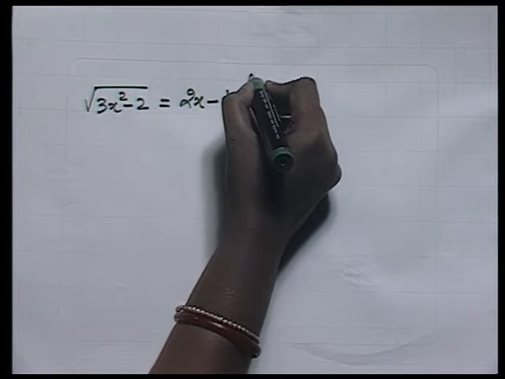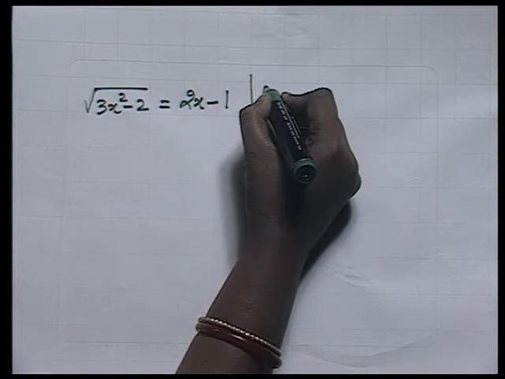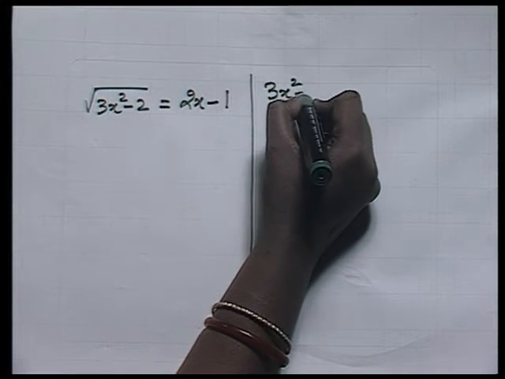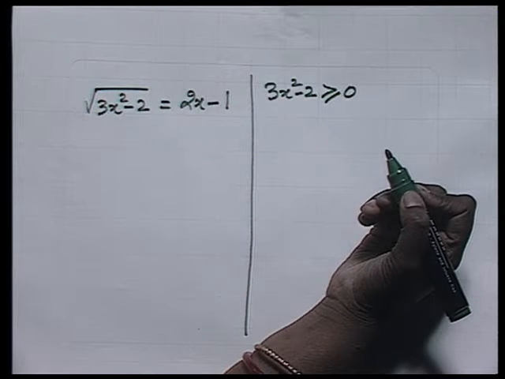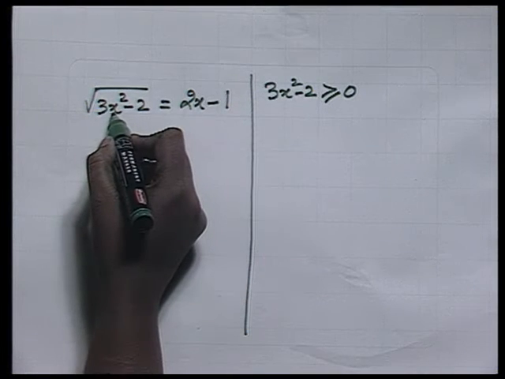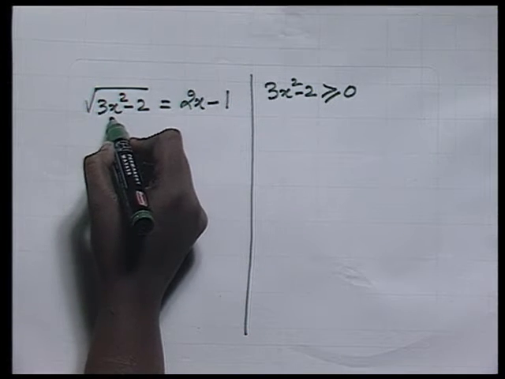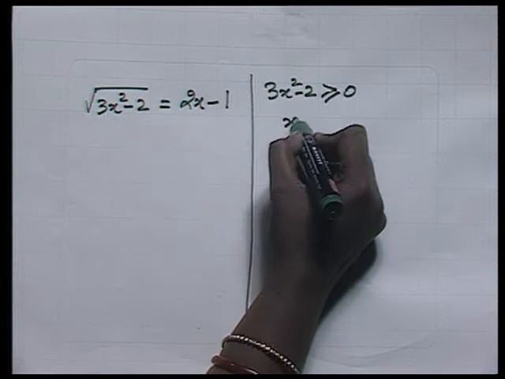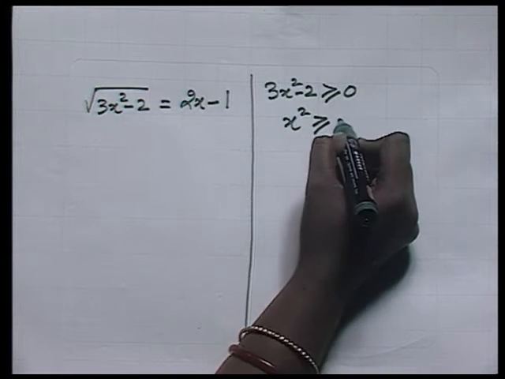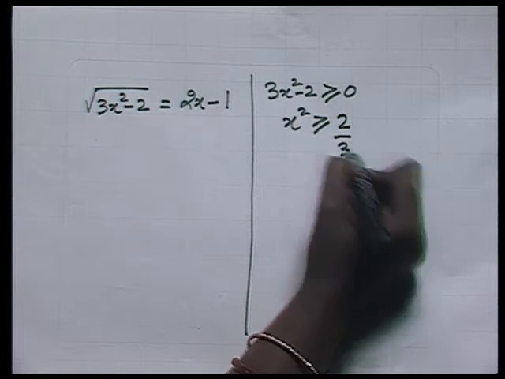Also, 3x square minus 2 should be non-negative because in real numbers there are no square roots of negative numbers. That is, x square should be greater than or equal to 2 by 3.